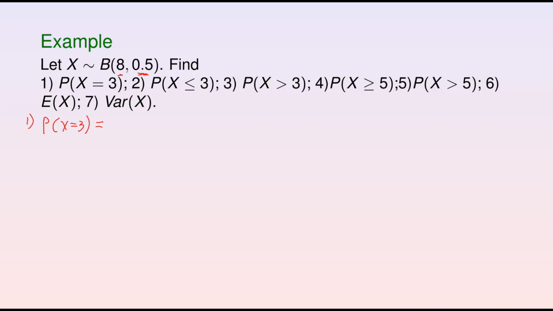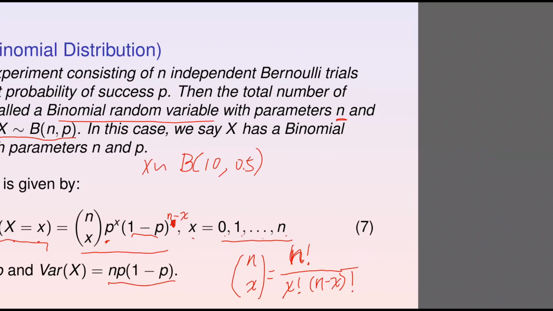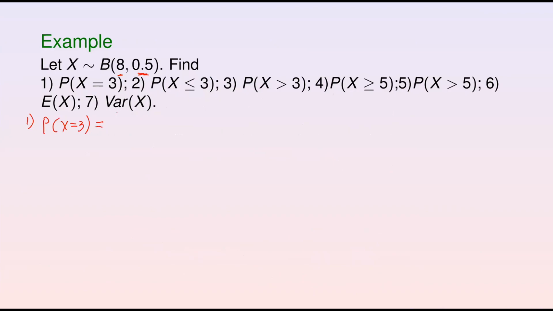By definition, it is n choose x, where n is 8, so 8 choose 3, times p, which is 0.5, raised to the power 3, times 1 minus 0.5 raised to the power 8 minus 3.